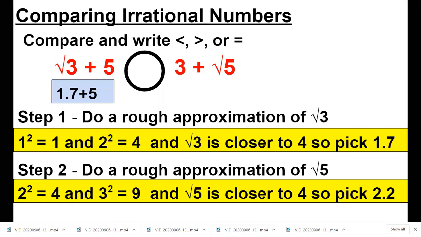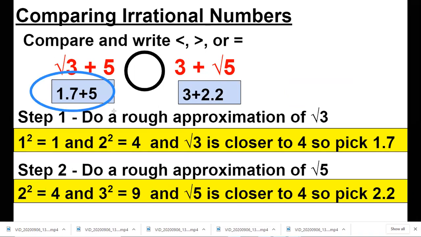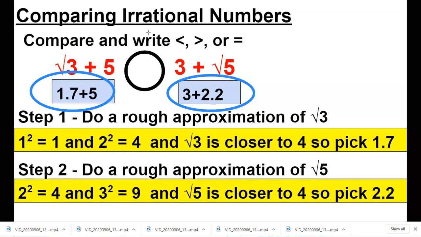So we're going to pick something a little bit lower than 2.5. So we pick 2.2. So we're going to put that up there. So it's going to be 3 plus 2.2. So now we have to add that together. 1.7 plus 5, right here, we've got to add that. And then we have to add 3 plus 2.2 and see which one is bigger.